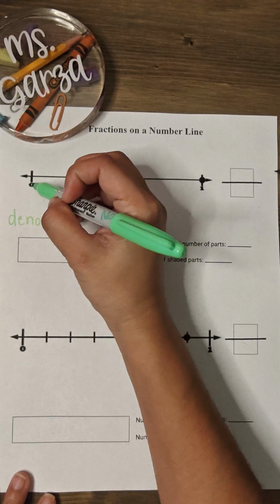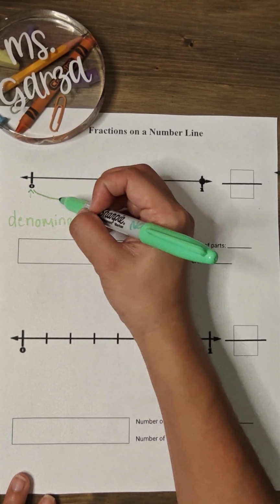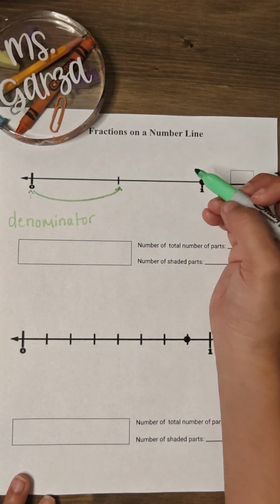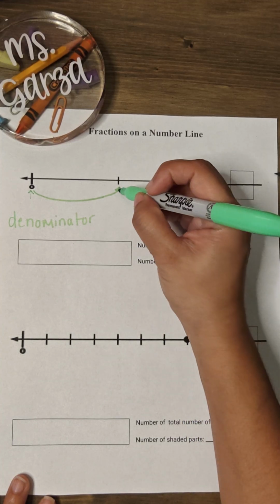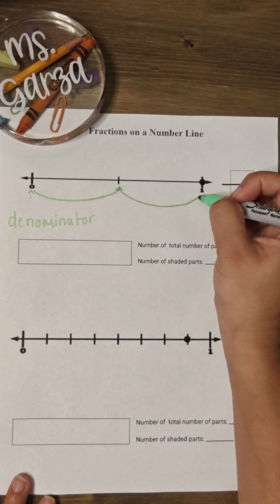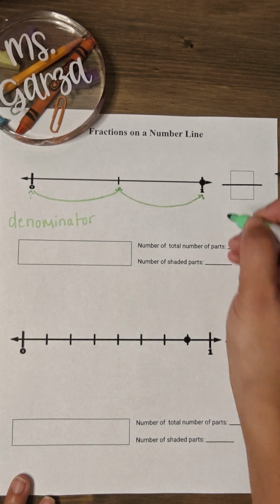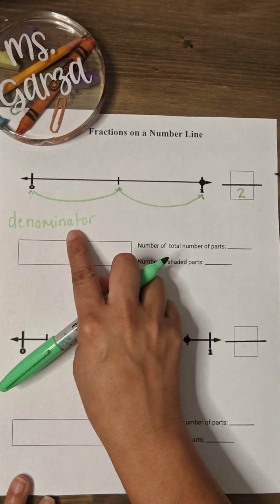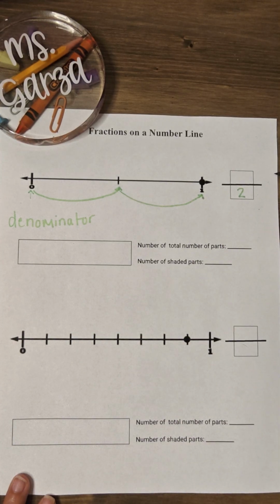We always start at the 0, and we make a jump, but we're not at the 1 whole yet, so we continue, and then we have another jump. The total amount of times that we jumped was 2. That is our denominator because it represents the total amount of parts that I have in my fraction.